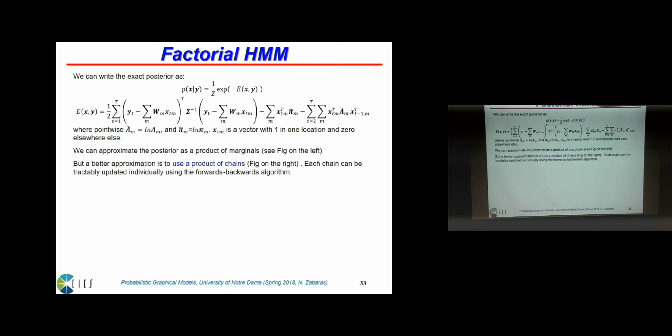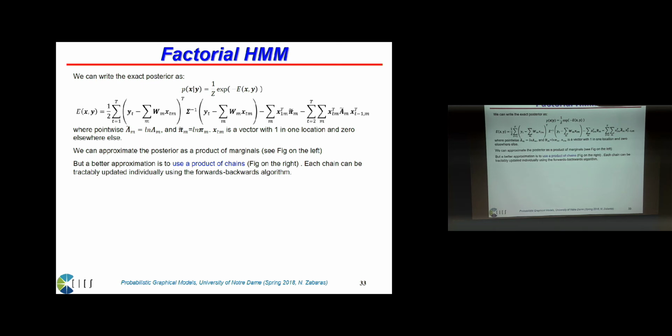There is really nothing new from what we discussed with HMM, except that instead of having one chain, I have a summation over the states of all the chains with their own initial probabilities, and in the transitions another summation over all the transition probabilities. So we need to find some way to use approximate inference to solve this problem. And the idea is, remember when you do approximate inference, right?